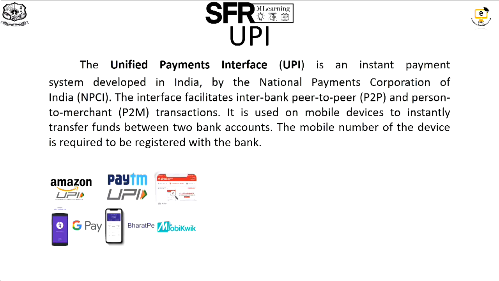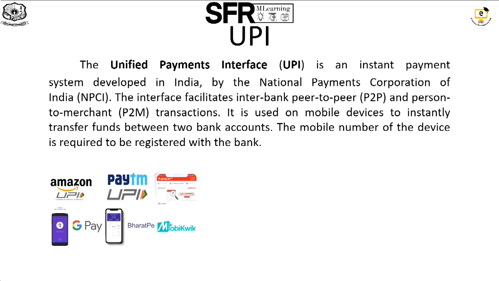So, the next one is UPI. UPI is not an exact e-banking service; it is an indirect e-banking service. The Unified Payments Interface is an instant payment system developed in India by the National Payments Corporation of India.